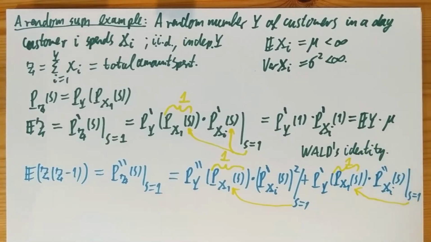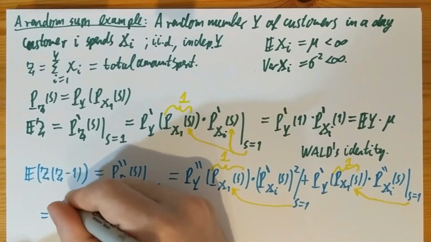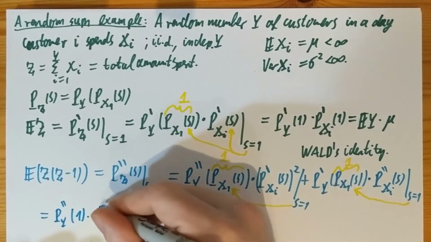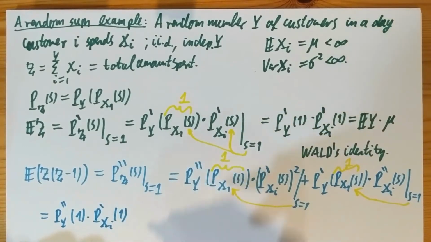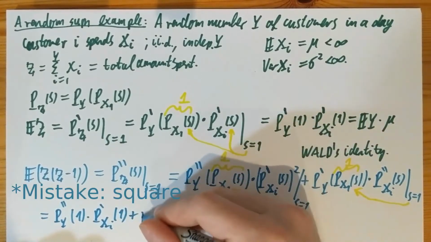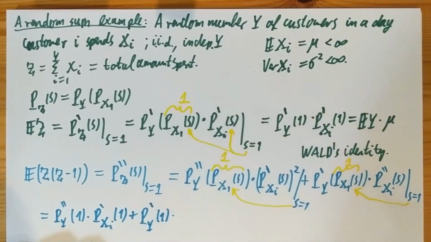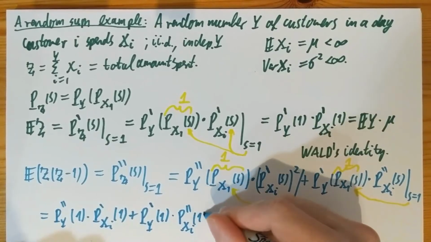And so I end up with the second derivative of P_Y at 1 times the square of the first derivative of P_X at 1, plus the first derivative of P_Y at 1 times the second derivative of P_X at 1 again.